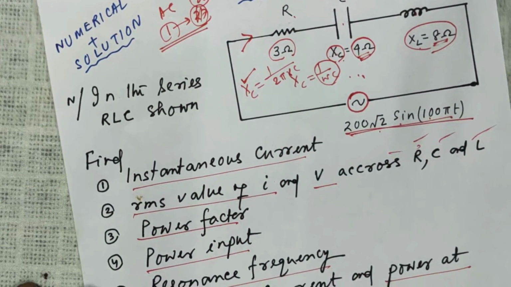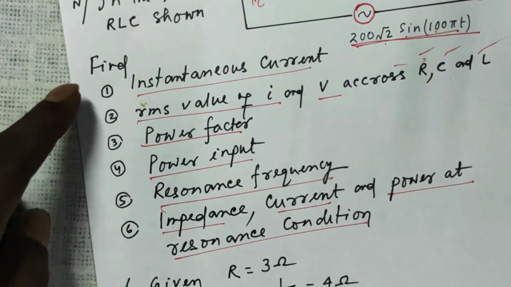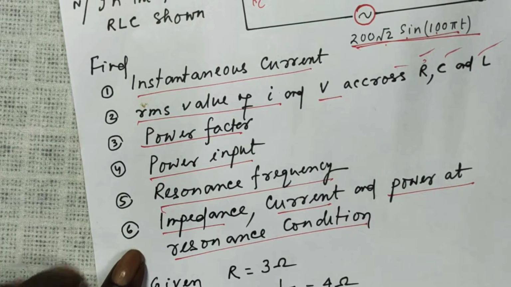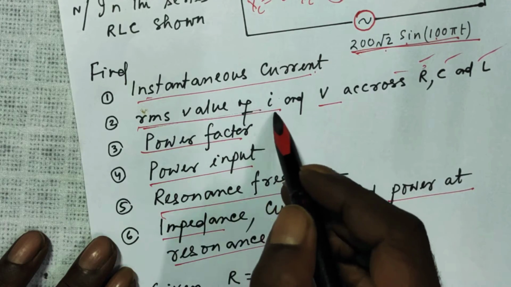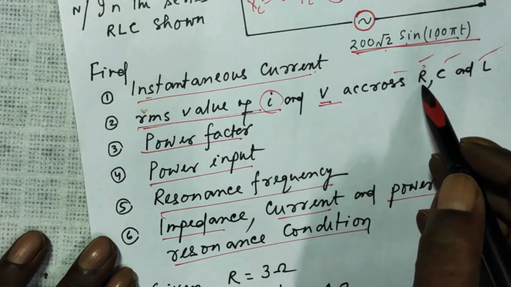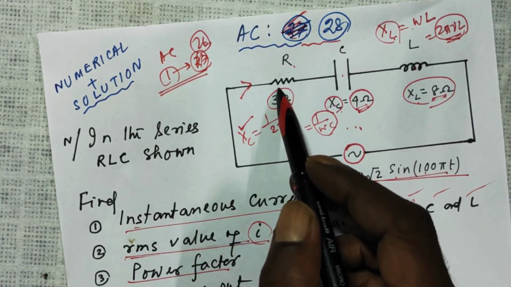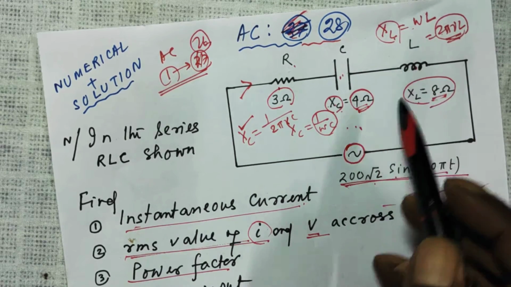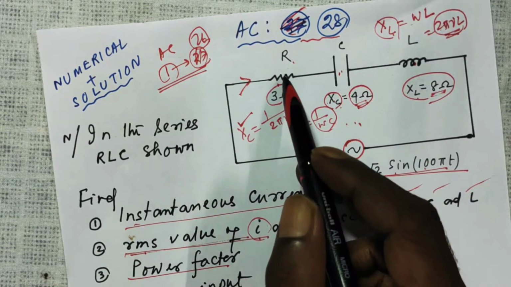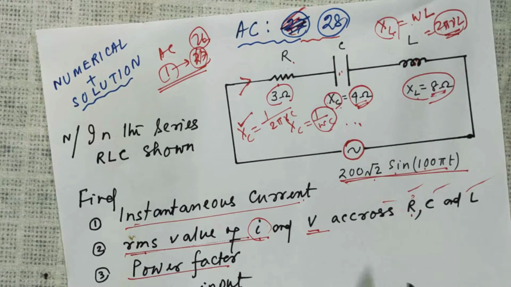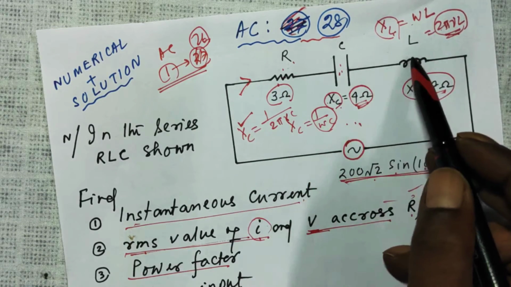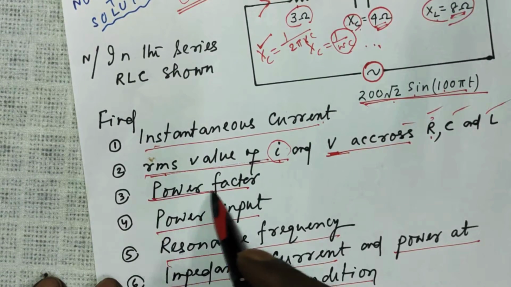So what do we have to find out? We have to find out all these 6 different things. What is the instantaneous current, the RMS value of current and voltage across this, as well as this? Means the RMS value of current across R, across C, and across L, and the potential difference across R, C, and L. What is the power factor?